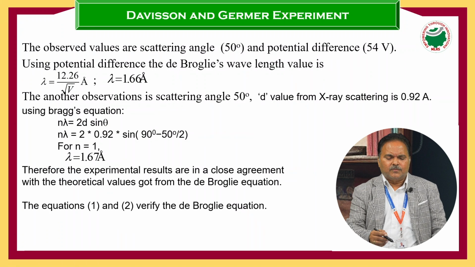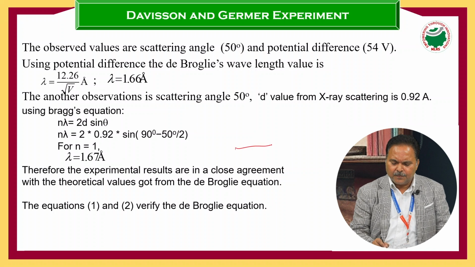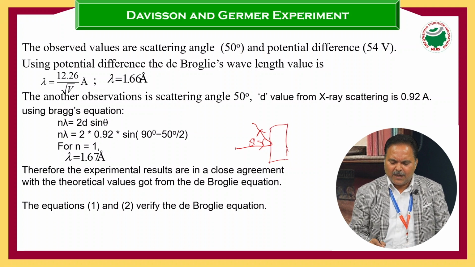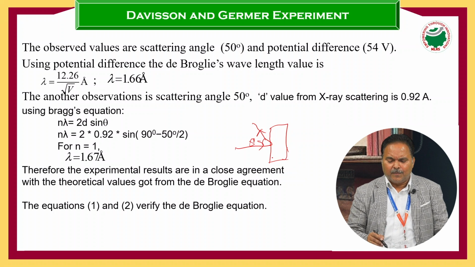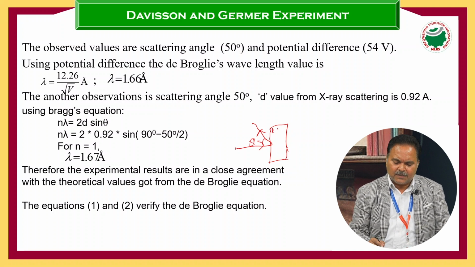The observed value of the scattering angle is 50 degrees, that is, the angle between the incident ray and scattered ray. This 50 degrees is with respect to the surface of the crystal. But the crystalline plane may be different, so the crystalline plane angle and this angle will be different.